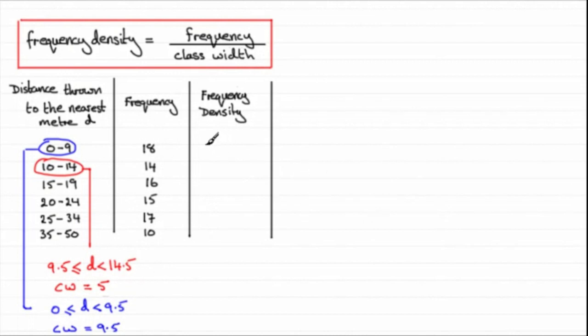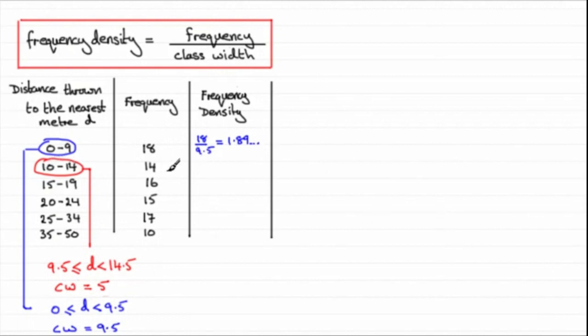For the first value, we do 18 divided by the class width from 0 to 9.5, which is 9.5. 18 divided by 9.5 gives 1.89, and so on.